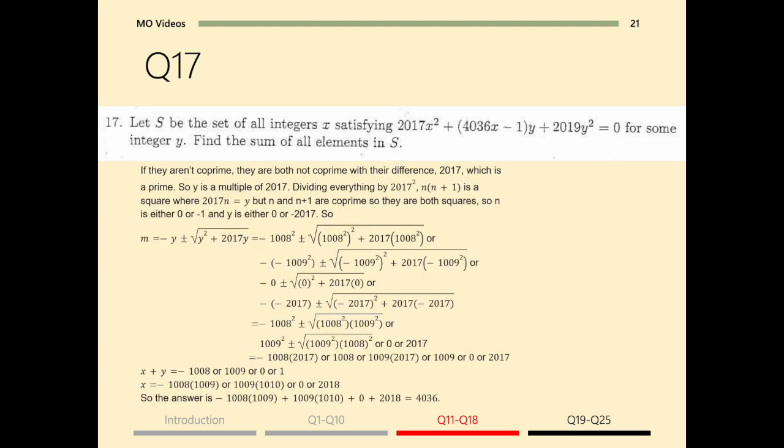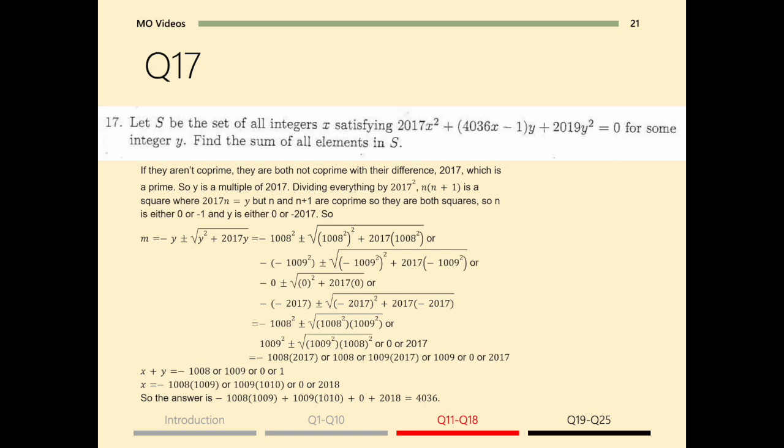However, if y isn't coprime with y plus 2017, then it will also not be coprime with their difference, which is 2017, which is a prime. So y has to be a multiple of 2017. So we can divide everything by 2017 squared and we'll get n times n plus 1 being a square, where n is y over 2017.